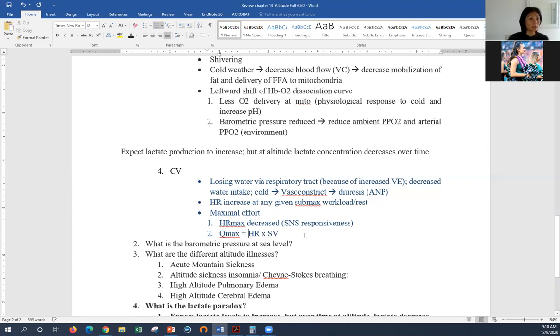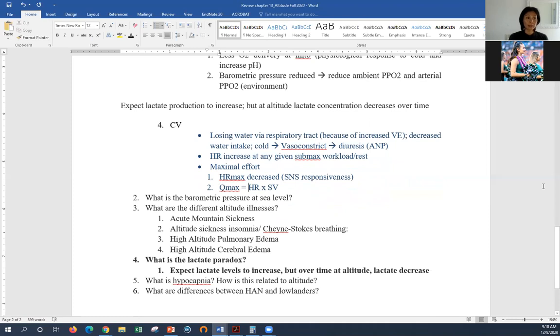So if our heart rate at any given level is increasing at submaximal levels, this is going to decrease our stroke volume according to Frank Starling's mechanism.